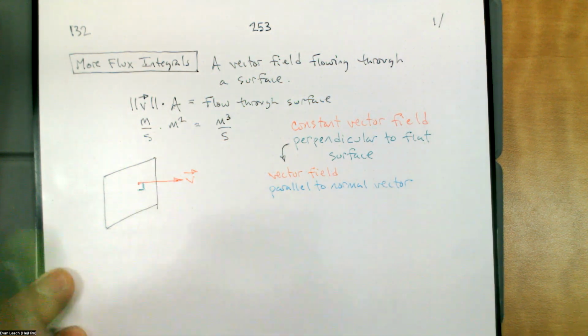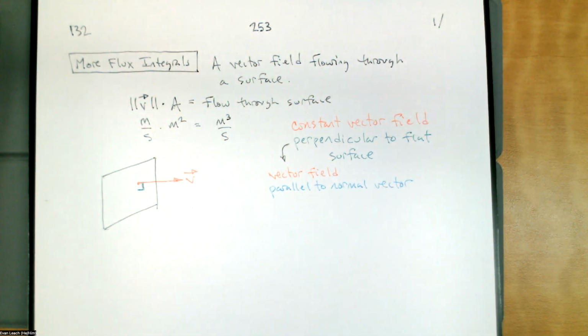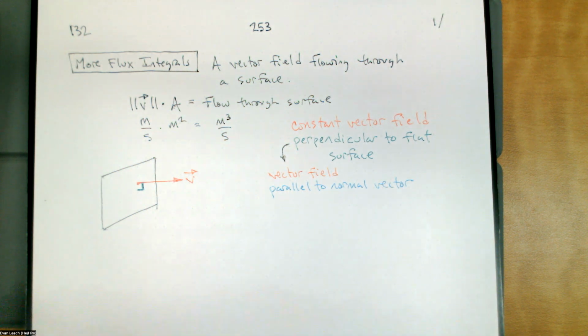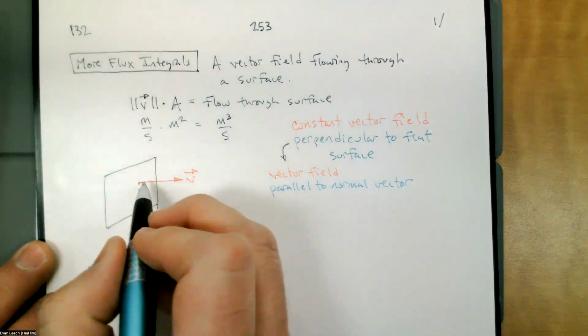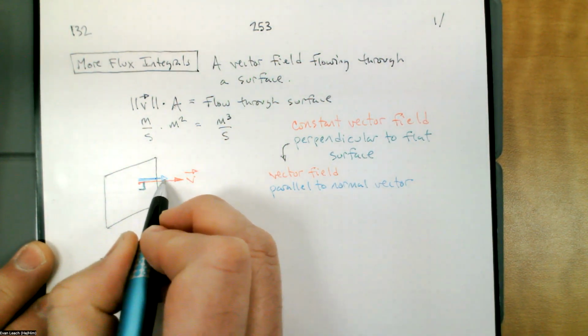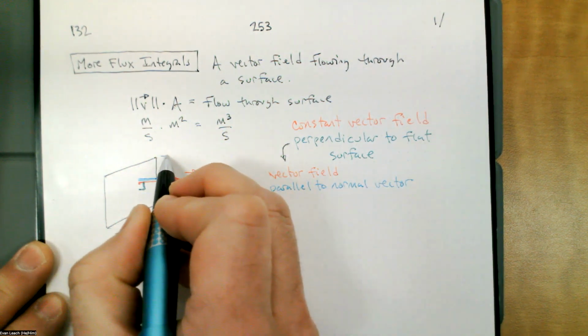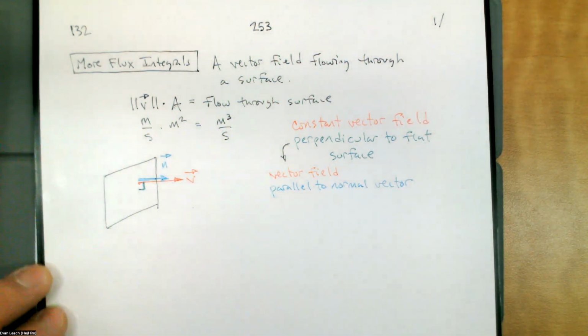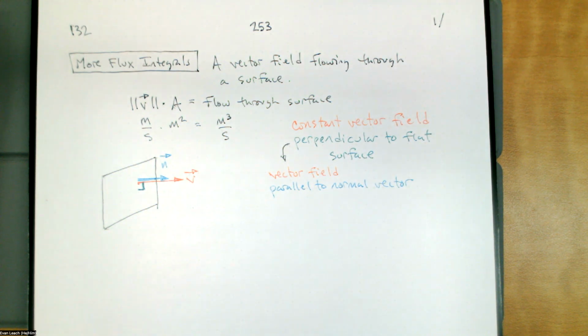So there's a vector field being perpendicular to the surface. So it's going to run parallel to a vector normal to that surface. The vector field is parallel to the normal vector. The angle between those two vectors is equal to 0. So the cosine part of their dot product will be 1.